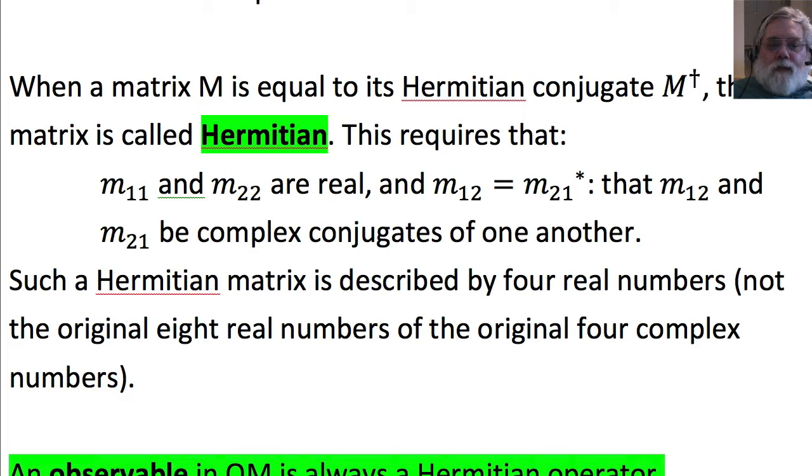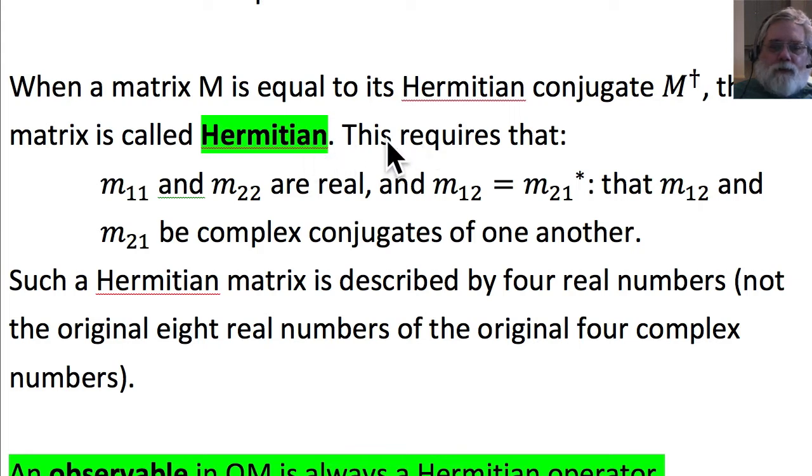So when a matrix M is equal to its Hermitian conjugate M dagger, then we call that matrix Hermitian. So that's our definition of Hermitian now, but only for matrices, not for spatial problems with differential operators.